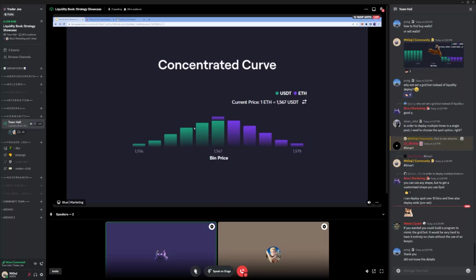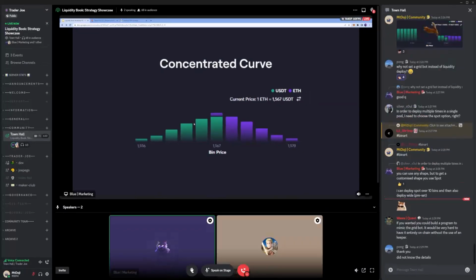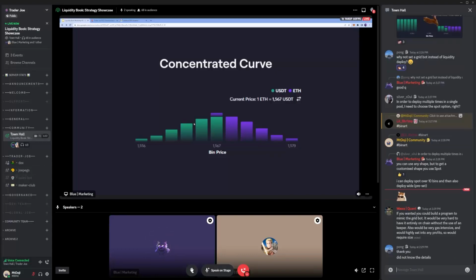This is not a uniform distribution. So uniform is when all of the bins that are deployed have an equal liquidity amount in them. So curve gives you a gradient kind of slope to your liquidity. It deploys over 11 bins, but ultimately the majority of your liquidity will be in 5 bins.